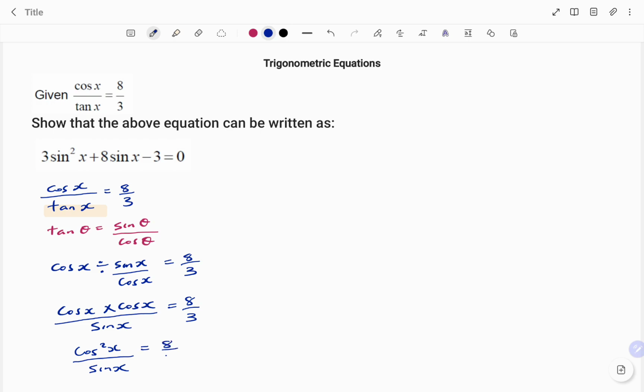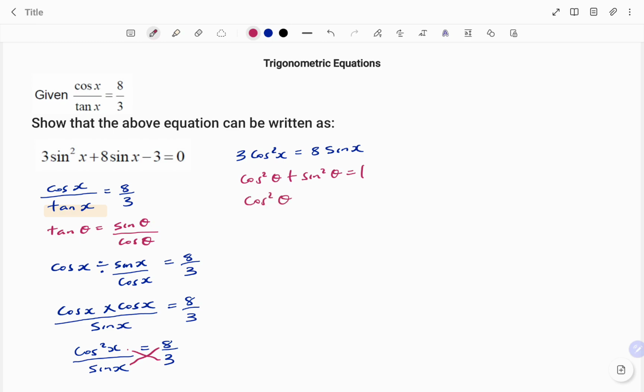equals 8 over 3. If I cross multiply, I'm going to have 3 cos squared x equals 8 sine x. From our trig identities, I have cos squared theta plus sine squared theta equals 1. I'm making cos squared the subject of the formula.